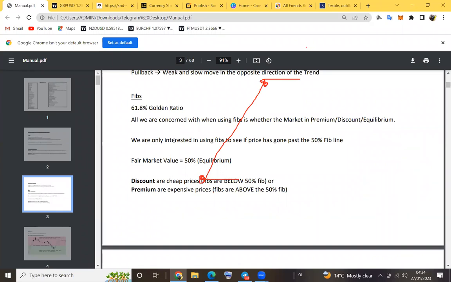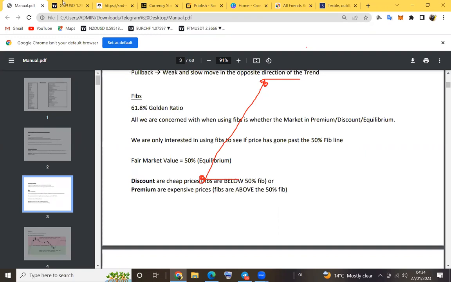We are only interested in using Fibonacci to see if price has gone past the 50% line, which is what? The fair market value, which is 50% equilibrium. Discounted prices are cheaper prices below 50, and premium prices are expensive prices above 50%.